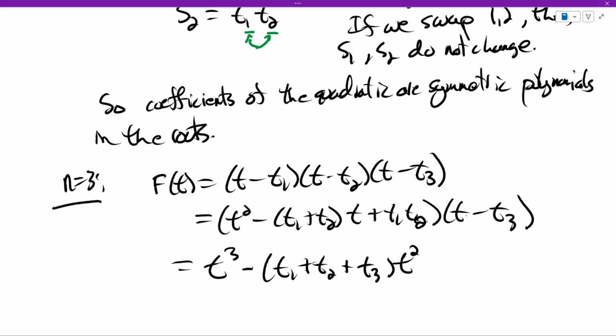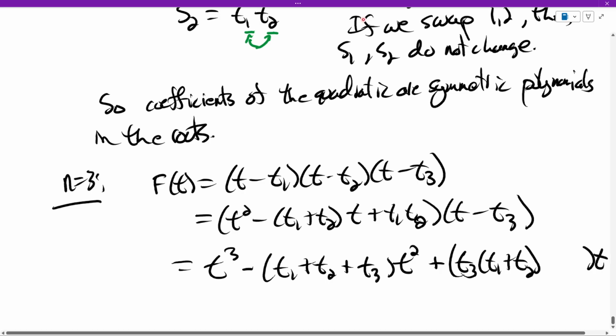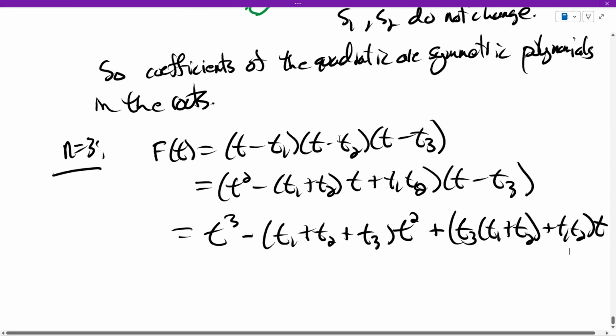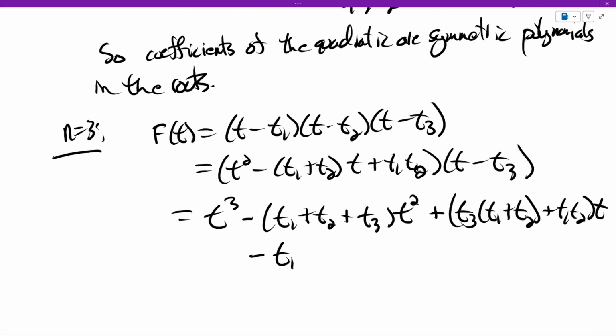Well, I can multiply this t with that, in which case the negatives are going to cancel, and we're going to get t3 times (t1 plus t2). And we can also get a t by multiplying this constant with a t. So that's plus t1 t2. And then our constant term is, of course, minus t1 t2 t3.